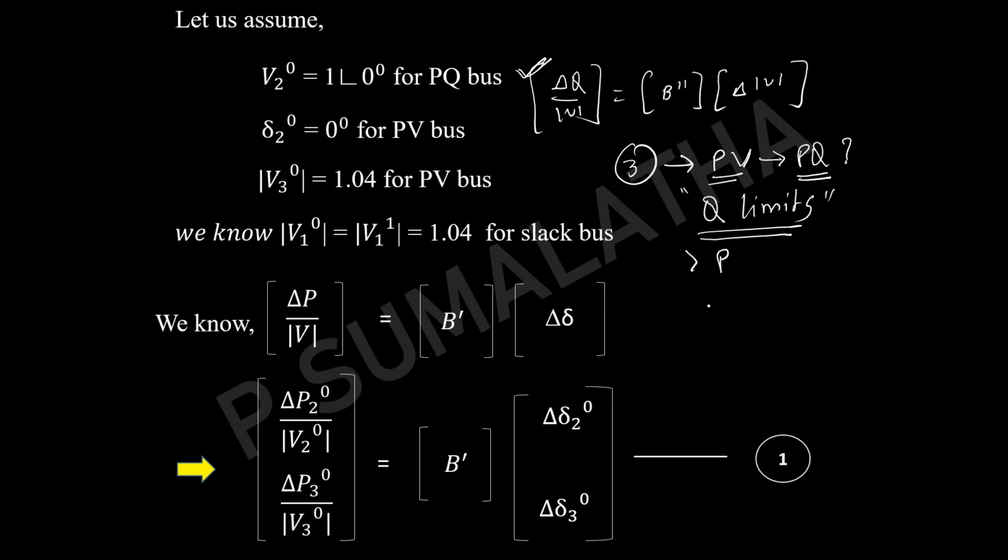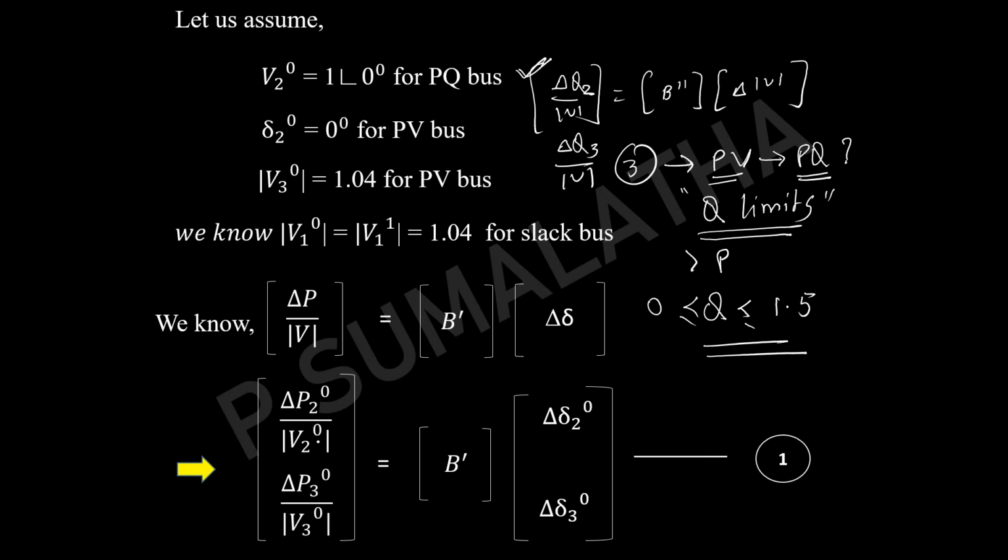If Q is falling within the given range, that is 0 to 1.5, then you can consider the given bus as a PV bus, so you have only one PQ bus. Suppose it is violating the Q limits, then we have to treat that bus as a PQ bus, and this equation will again become delta Q2 and delta Q3. Here the PV bus Q limits will not affect the first equation.